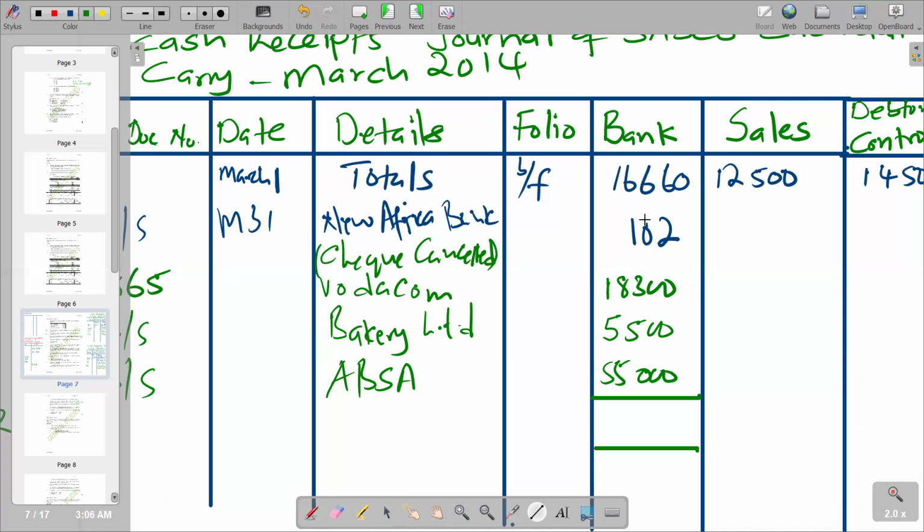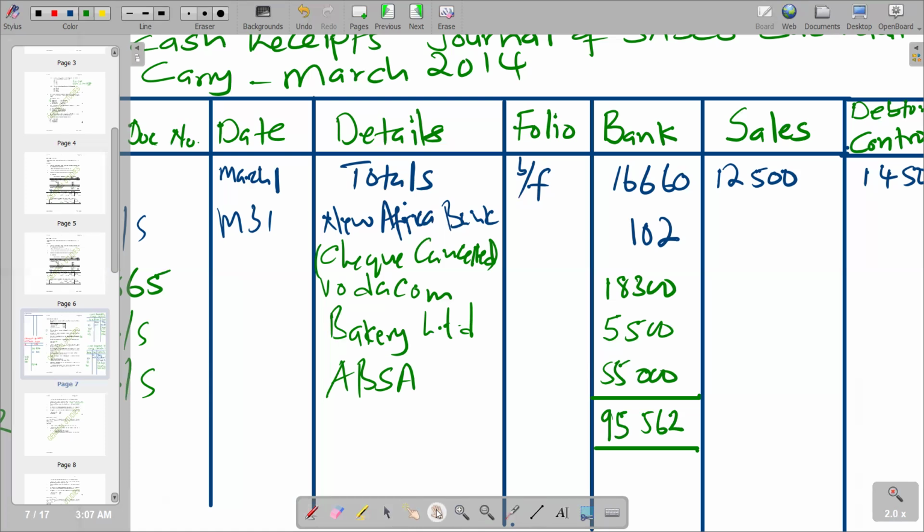We add 102. We add 18,300. We add 5,500. We add 55,000. And then let's try to add. So the total becomes 95,562. So it means we've added the bank column.